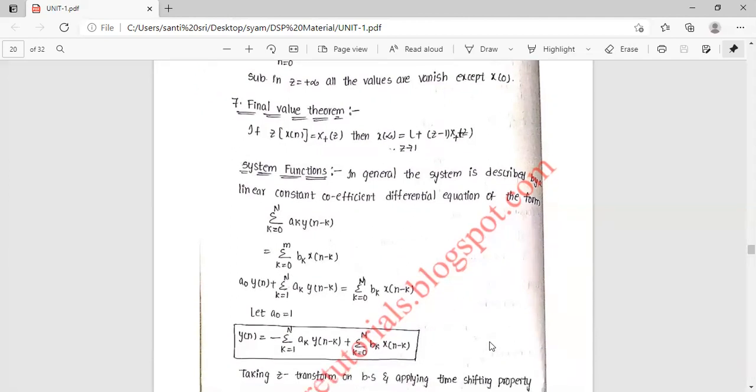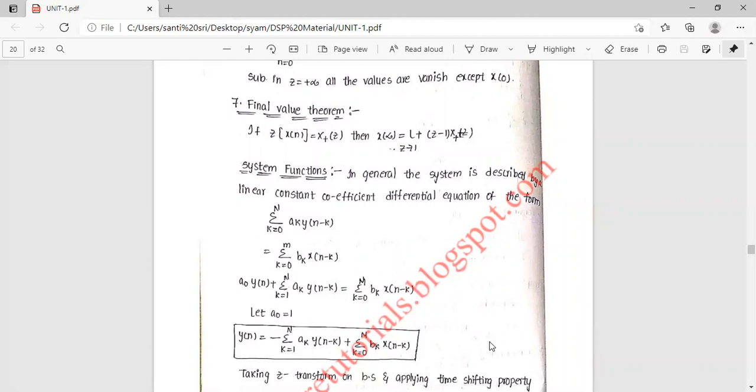Here we discussed the system as a linear constant coefficient difference equation of the form sigma k equals 0 to n a k into y of n minus k equals sigma k equals 0 to m b k into x of n minus k. We can write this as a naught into y of n plus sigma k equals 1 to n a k into y of n minus k equals sigma k equals 0 to m b k into x of n minus k.